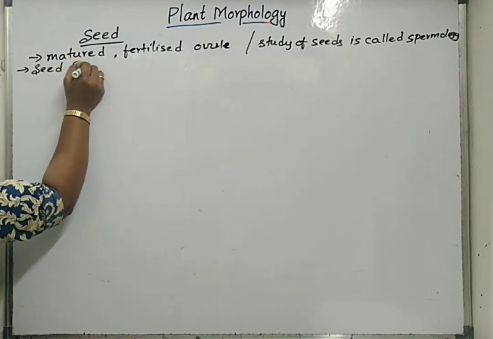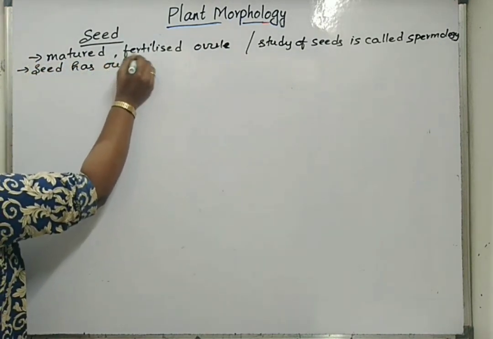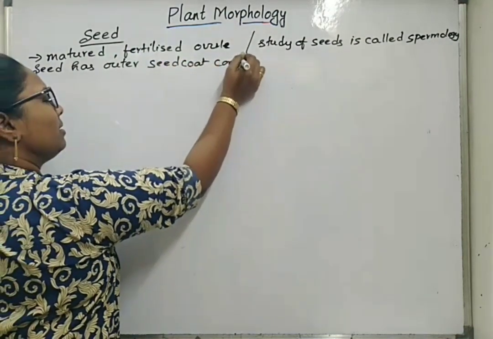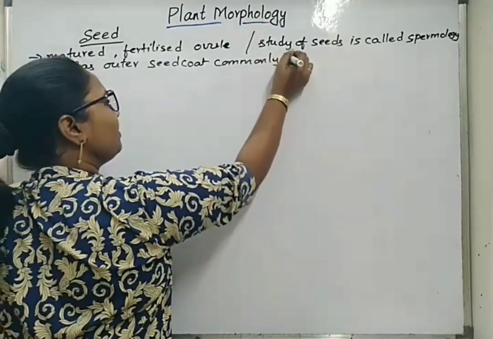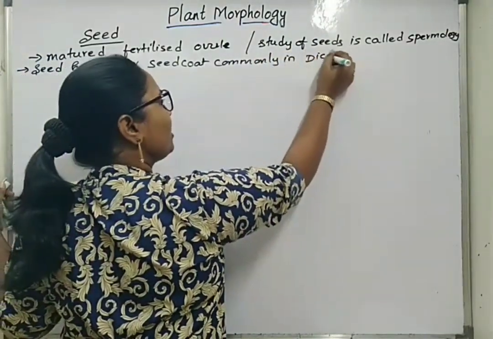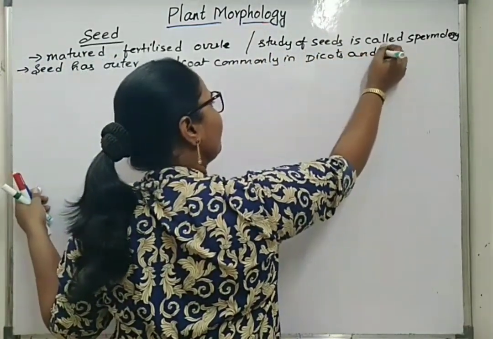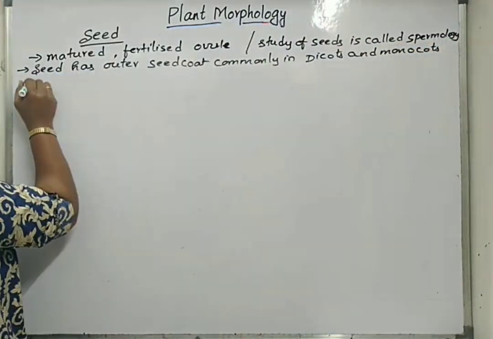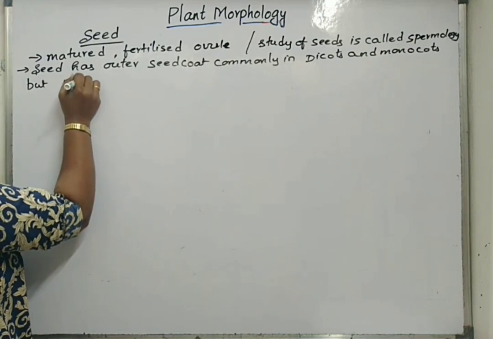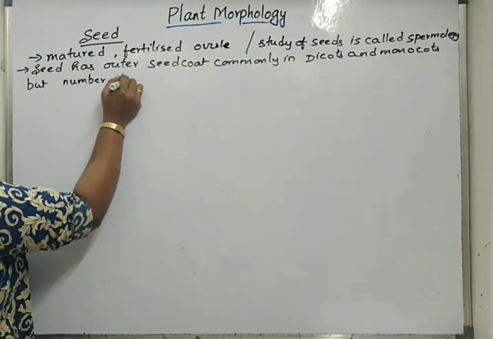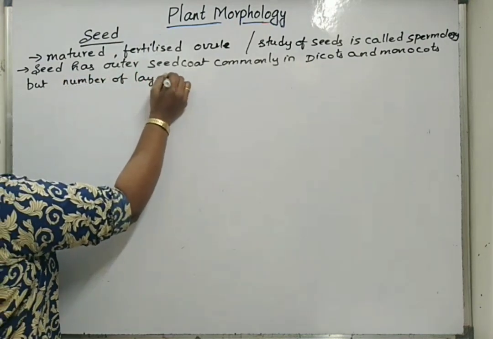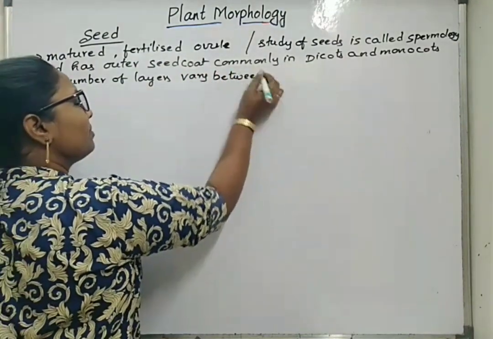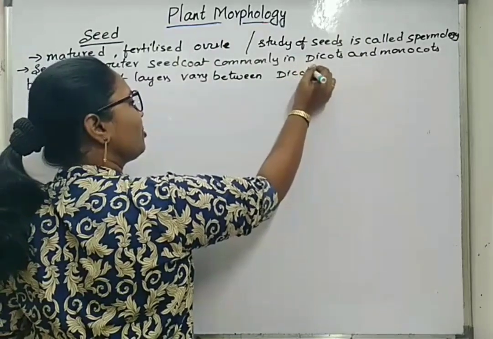Seed has outer seed coat commonly in dicots and monocots, but the number of layers varies between dicots and monocots.